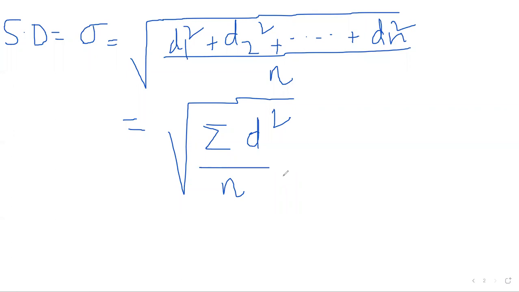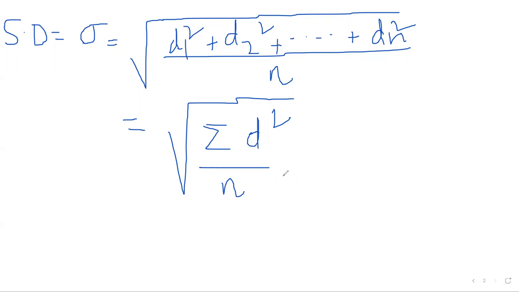In practice, however, the number of observations is finite. I have written Dn squared, but it is not possible that I have taken so many observations. In any problem where you are asked to find the standard deviation, they will give you some 5 to 6 observations, so you have to do the addition of those observations.